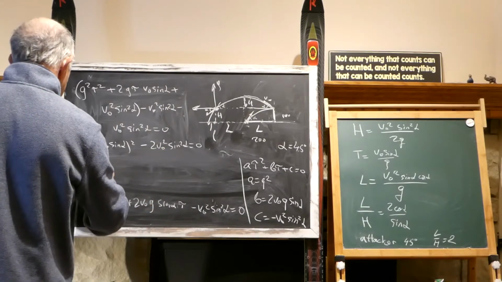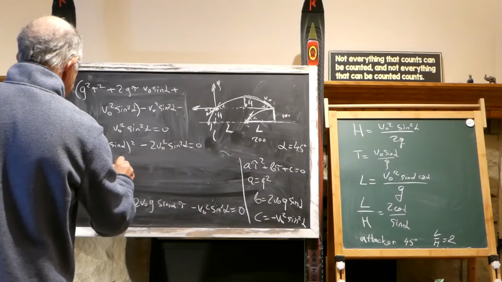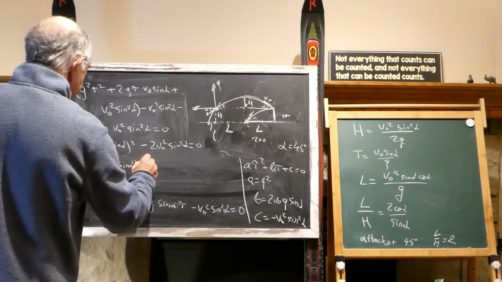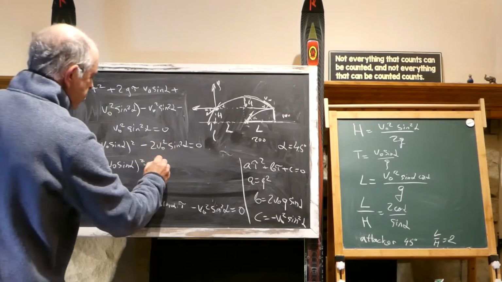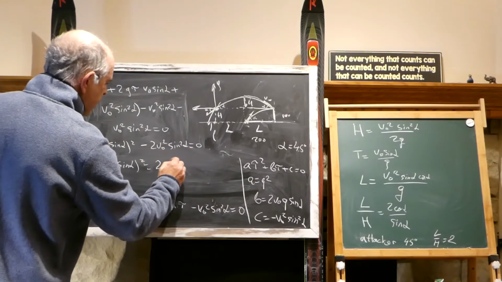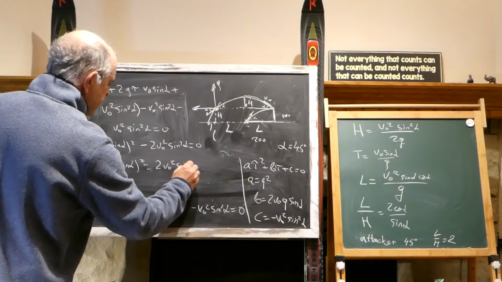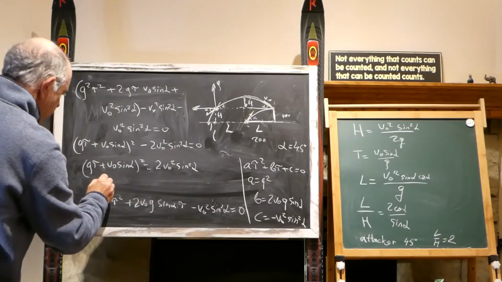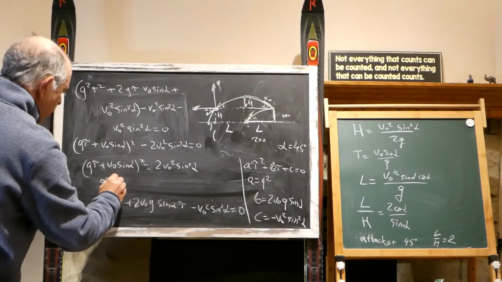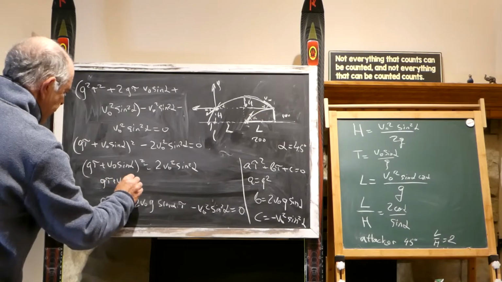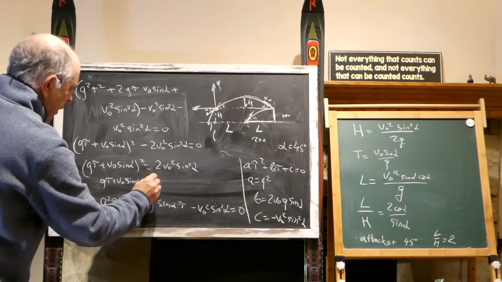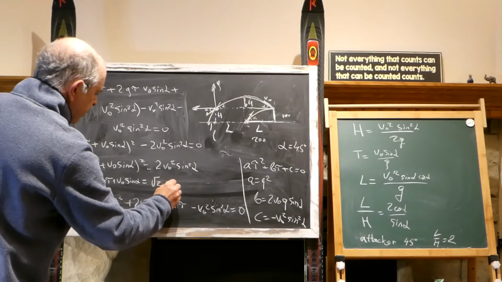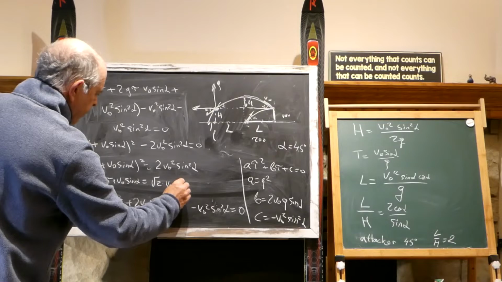So I have g tau plus v0 sine alpha squared equals, and this 2 goes to the other side and changes sign, so it becomes this. And so I just extract the square root, and I have g tau plus v0 sine alpha, and I have here v0 times the square root of 2 multiplied by v0 sine alpha.